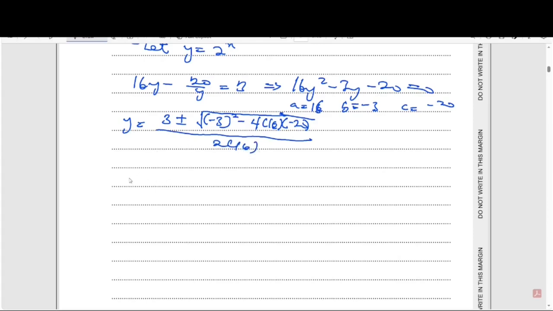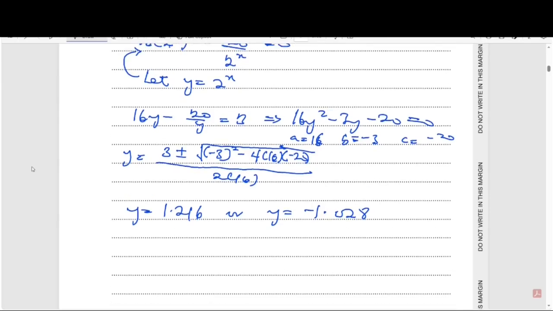Then on my calculator, I found y is equal to 1.216 to 3 decimal places, or 4 significant figures, or y is equal to negative 1.028 to 4 significant figures. Now we did the introduction of y, so we go back to our x.